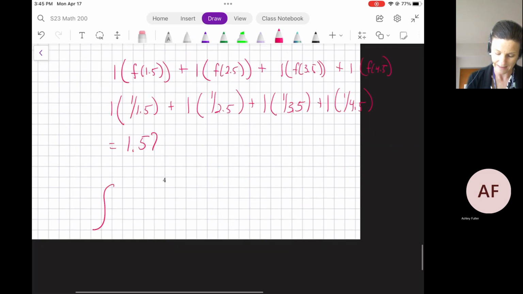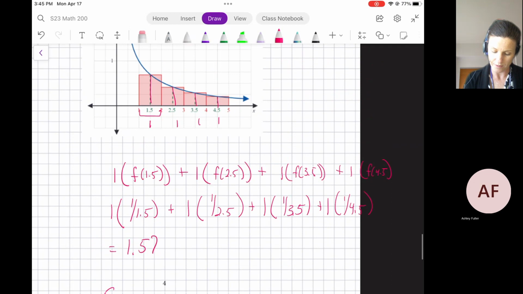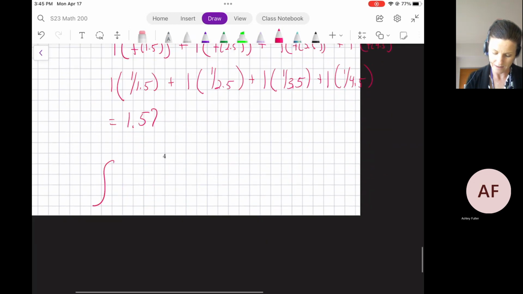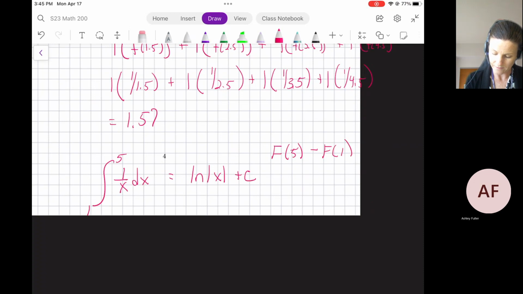If I were to calculate the exact value, I would go from a, which is 1, to b of 5, the integral of f of x, which in this case is 1 over x dx. We know our integral there is the ln of the absolute value of x plus c. And based on the fundamental theorem of calculus, we're going to do f of 5 minus f of 1, which is going to give us the ln of 5 minus the ln of 1.